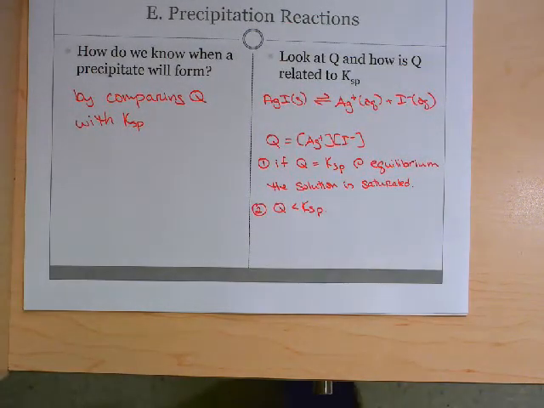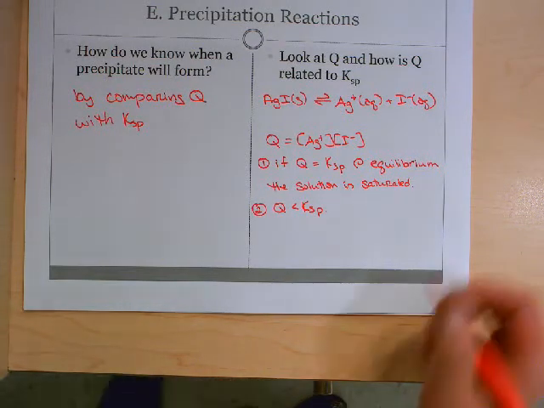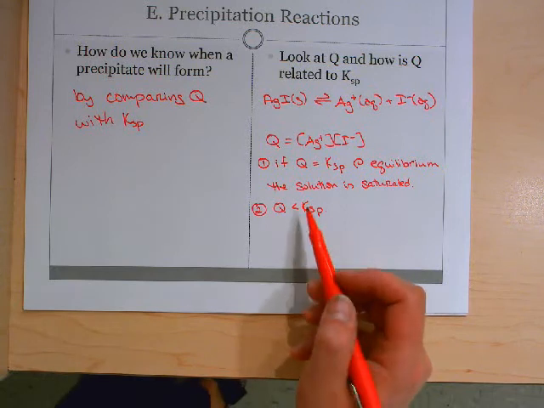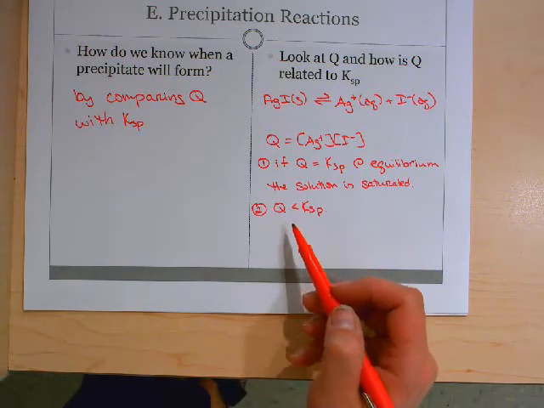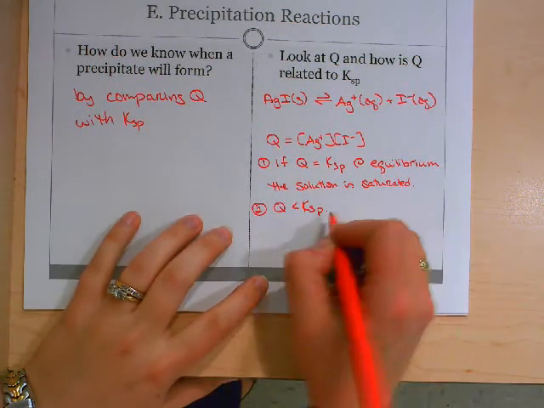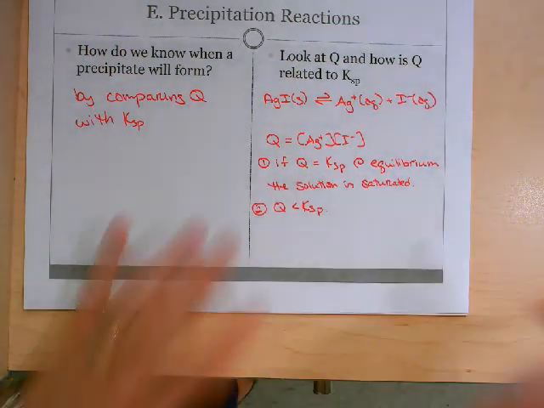Let's say we're at the point where Q is less than K. Which direction is my reaction needing to go? So it's going to go to the right.